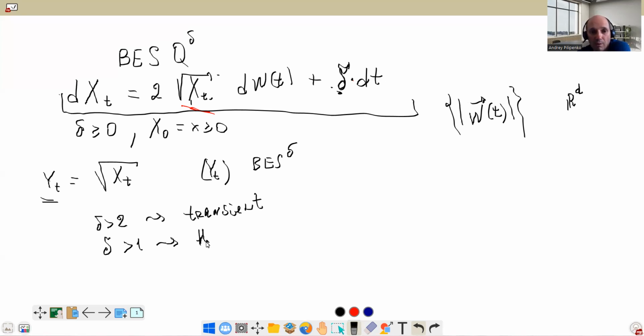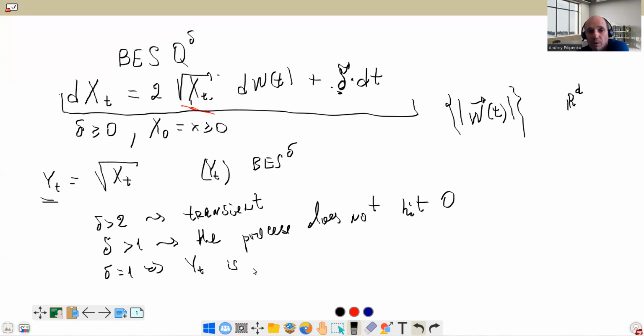And if delta is 1, then y of t is just reflected Brownian motion.